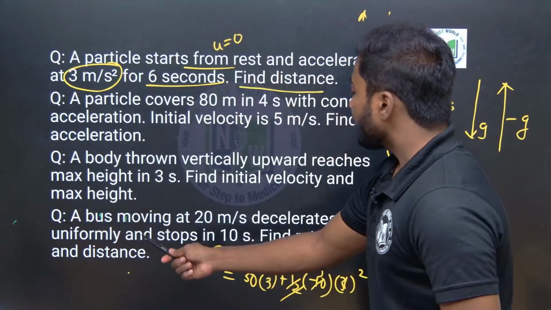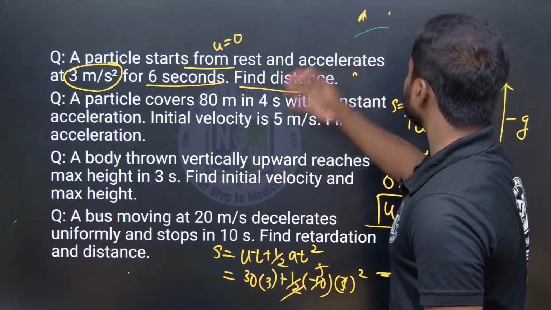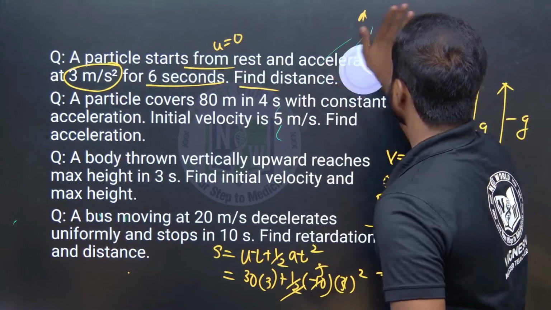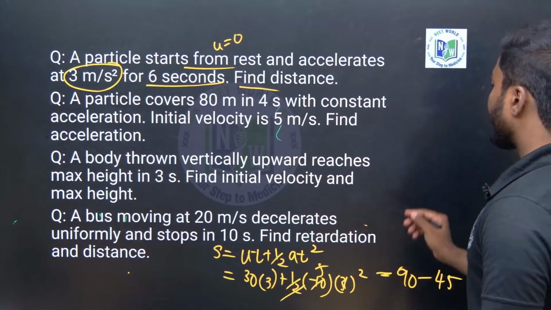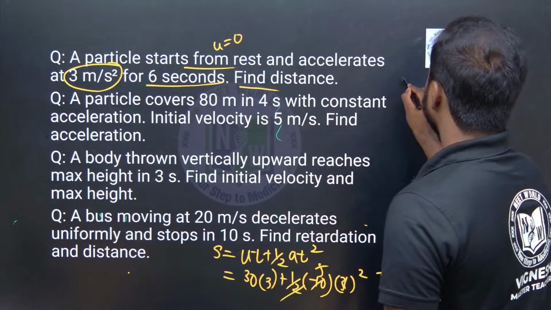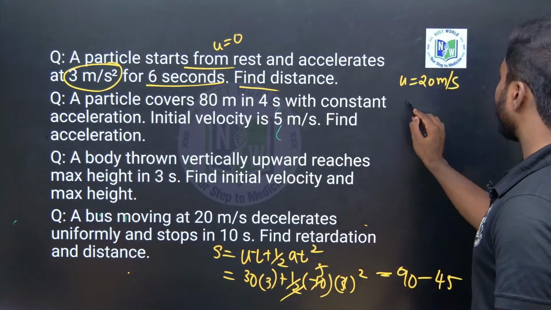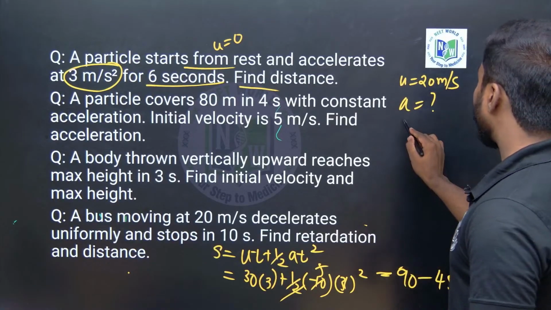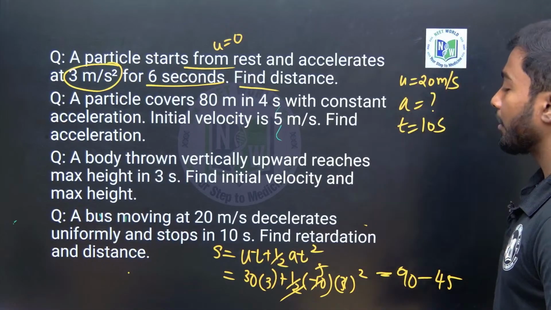Next one, a bus moving at 20 meters per second decelerates. So u equals 20 meters per second, decelerate, that is a, I need to find the retardation and distance. It stops in 10 seconds. What is the equation I can apply here?